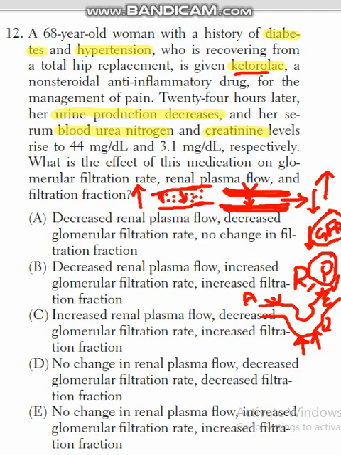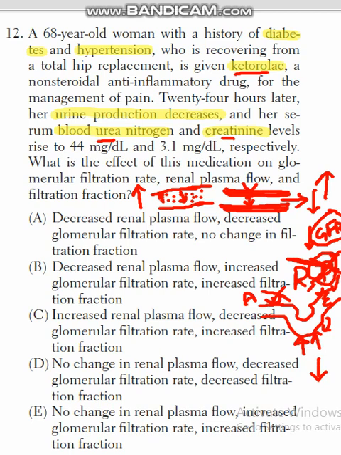This ketorolac inhibits prostaglandin synthesis. When there is no prostaglandin production, there will be no vasodilation, so there will be a decrease in GFR. When the GFR decreases, definitely there will be retention of the creatinine and the blood urea nitrogen.